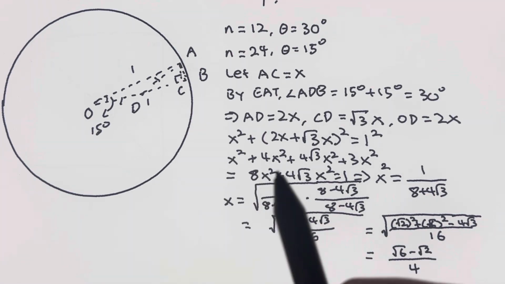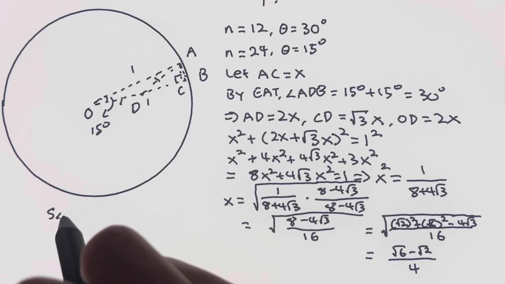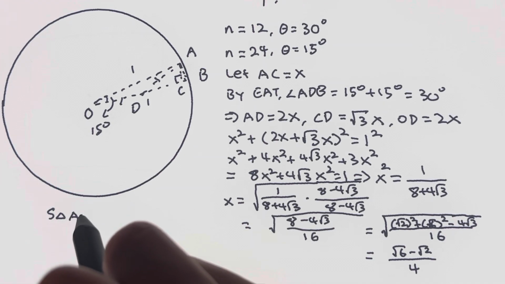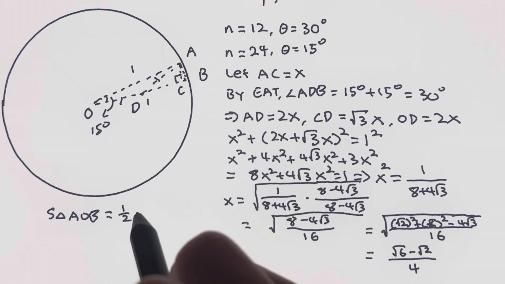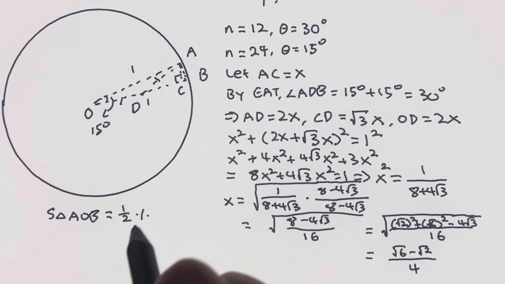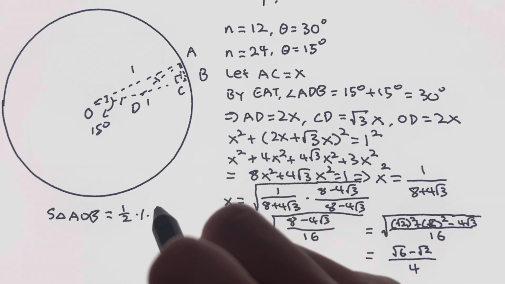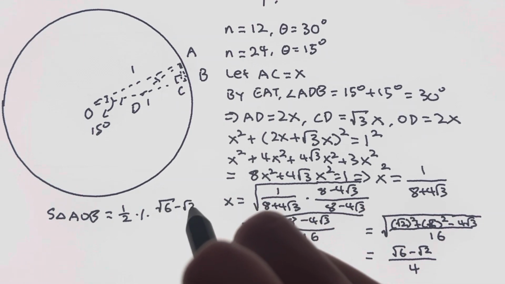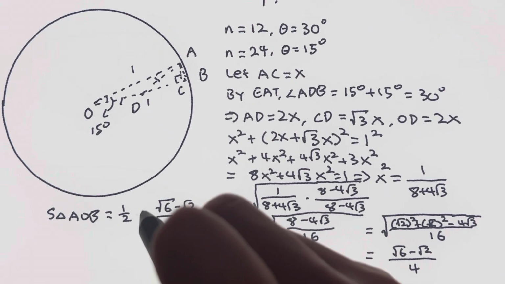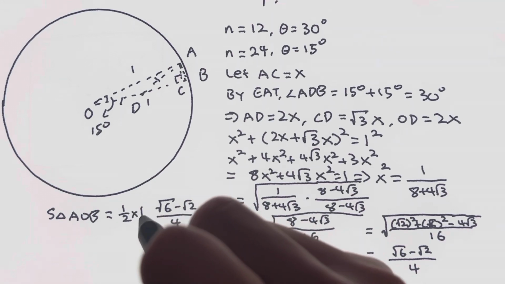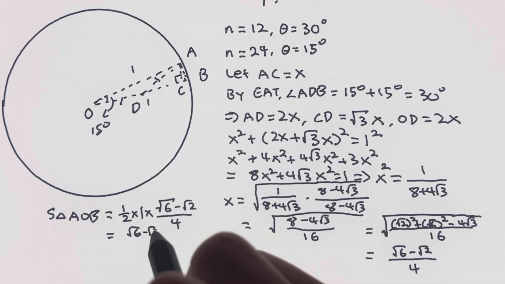So the area, you can call this S of triangle AOB, equals 1/2 times base OB, which is 1, times (square root 6 minus root 2) over 4. So it'll become square root 6 minus square root 2 over 8.